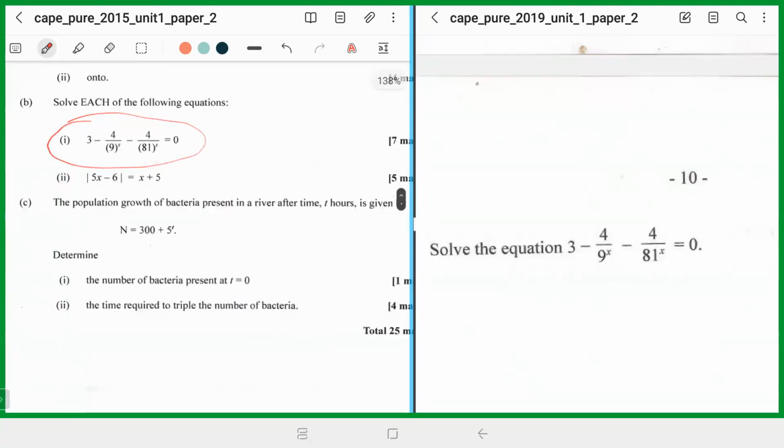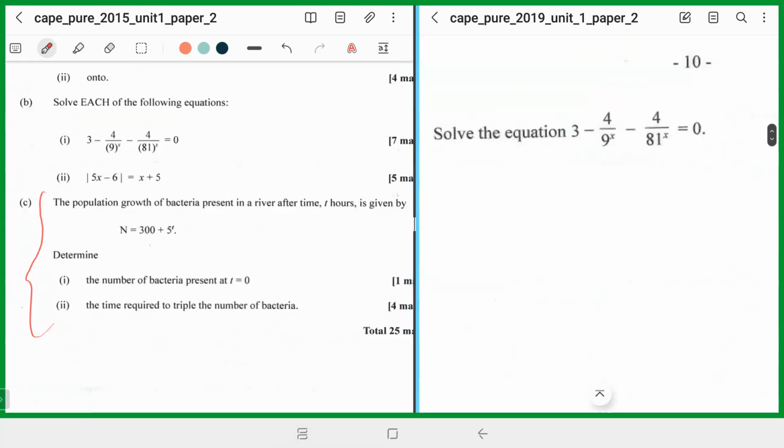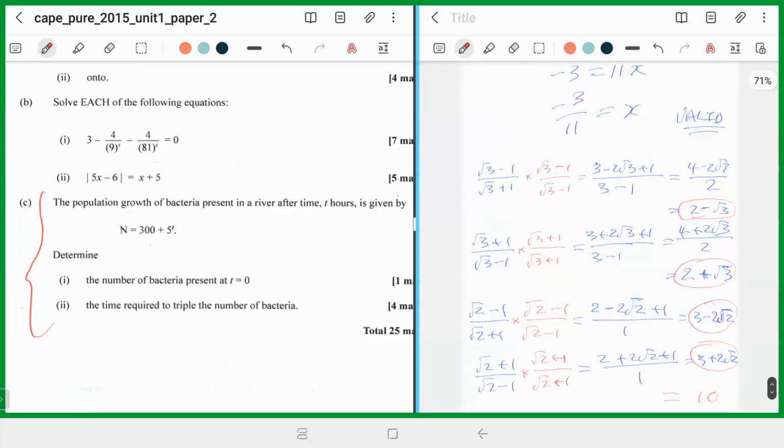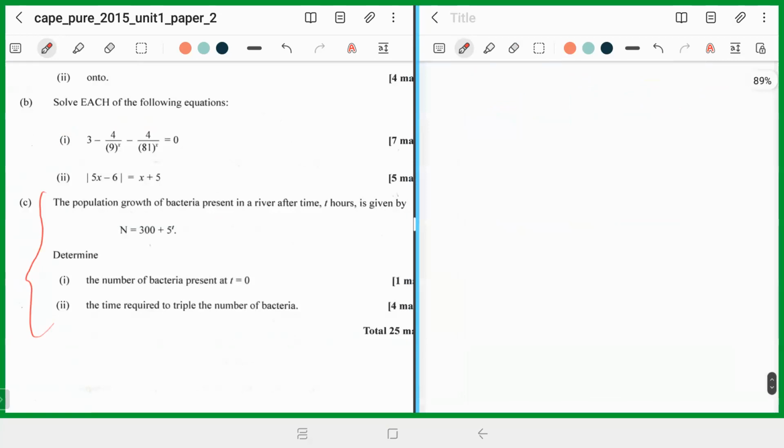This question is actually a long question. It says the population growth of bacteria present in a river after T hours is given by this formula. An indices question that is T. So what it's saying is that the population is given by that formula after T hours.